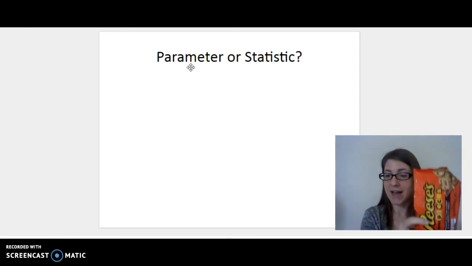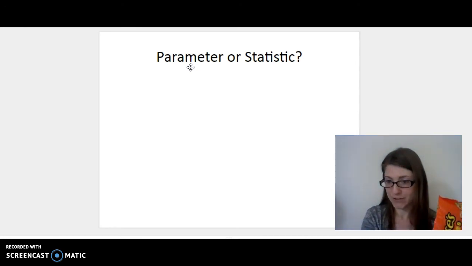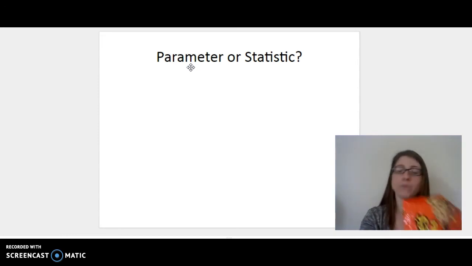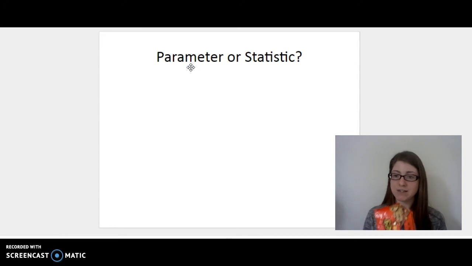We have an identical bag, I dump it, count, figure out the percentage. You dump the bag, count, figure out the percentage. So if we think about this context, a parameter for any given population is fixed. It doesn't matter if I calculate it or you calculate it, it should be the same. So parameters don't change. They're tied to a population and they're a fixed value.